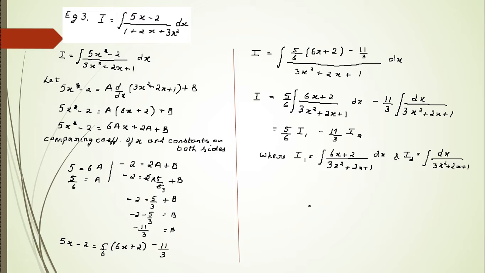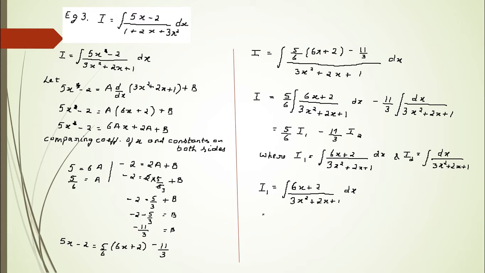Okay, now let us take the first part, I1. I1 is equal to integral 6x plus 2 divided by 3x square plus 2x plus 1 dx. Now we know that d by dx of 3x square plus 2x plus 1 is 6x plus 2.